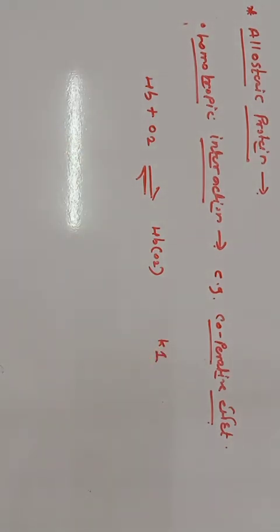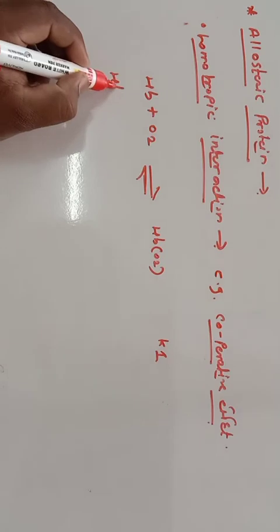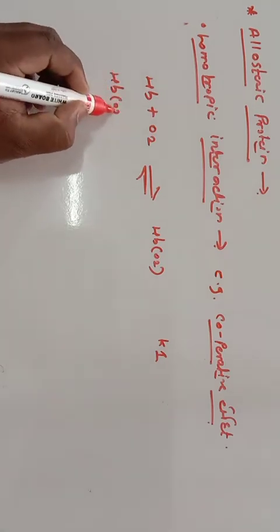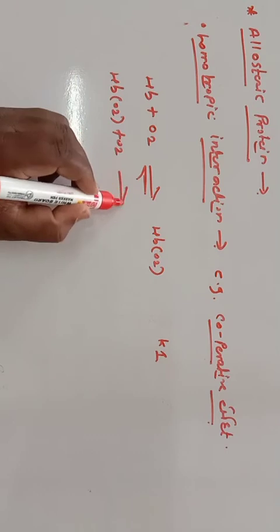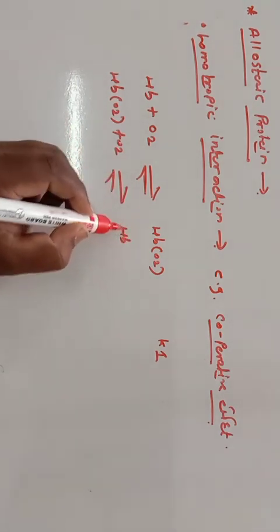Similarly, the binding of this O2 molecule increases the rate of binding of another O2 molecule. The binding of this O2 molecule increases the rate of reaction of the second O2 molecule when it interacts with this hemoglobin. So this HbO2 reacts with O2, and the rate of the reaction increases as compared to the first reaction.